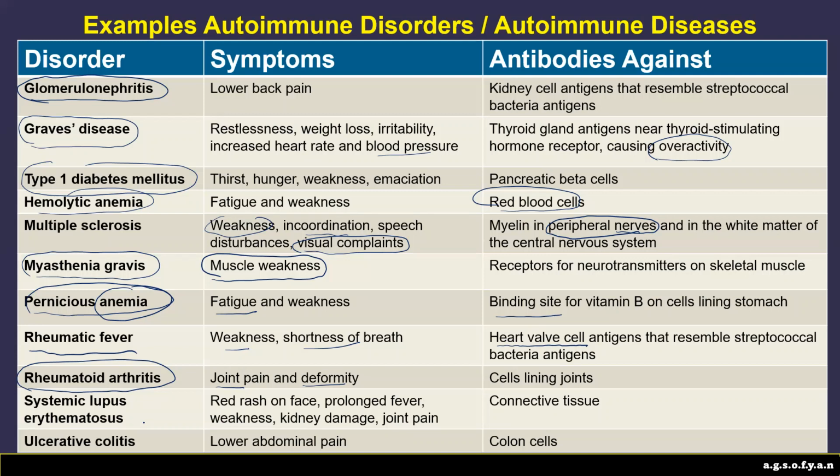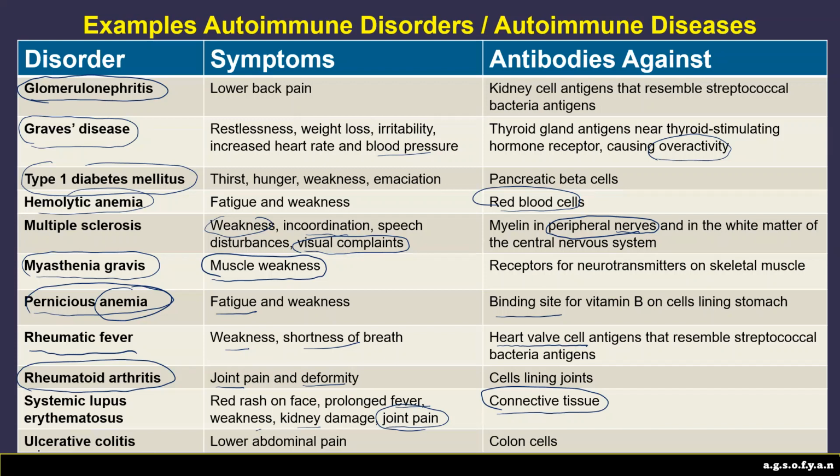Lupus is a type of autoimmune disease. This is mostly attacking the connective tissue. Some symptoms are red rash on the face, prolonged fever, weakness, kidney damage, and joint pain. So these are the signs and symptoms of lupus.